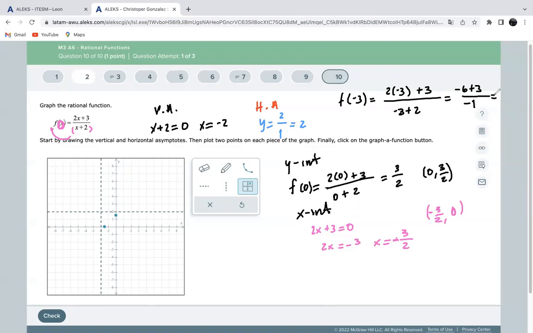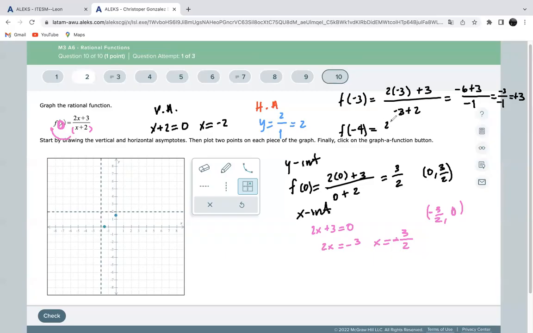You are going to end up with -3 divided by -1, so that's +3. And let's find another one. We could use -4. We can use -5. It's very much up to us what we want to do. So let's use -4.